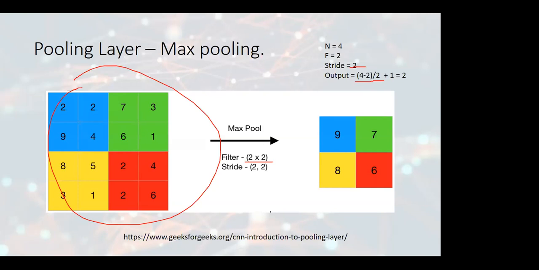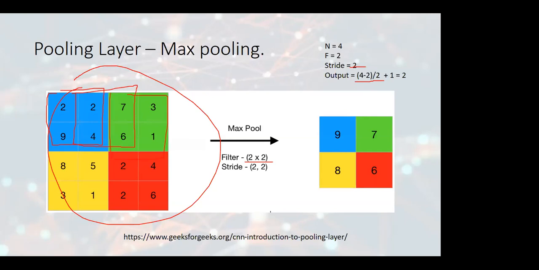If stride was only 1, after calculating this part, we would go to this part of the image. But since stride is 2, we are skipping 2 pixels at a time, calculating the blue part of the image first, and then moving on to the green part. So here stride is 2.